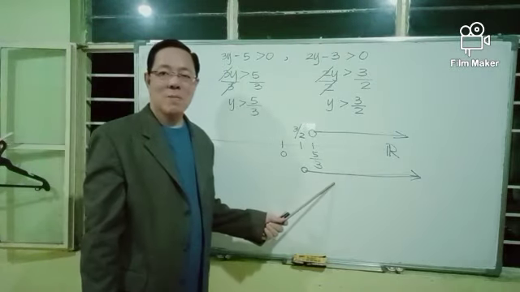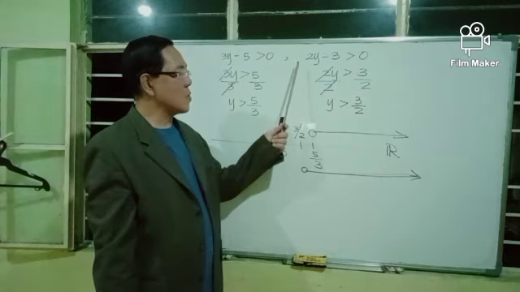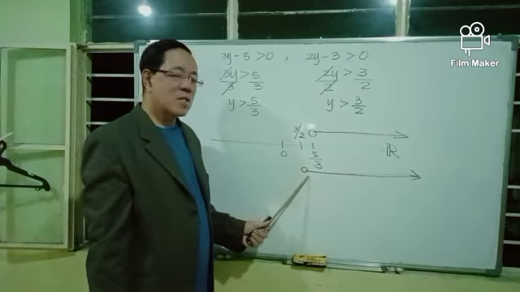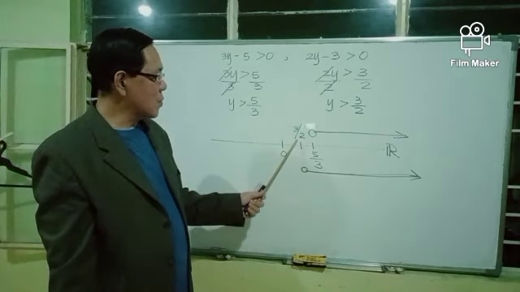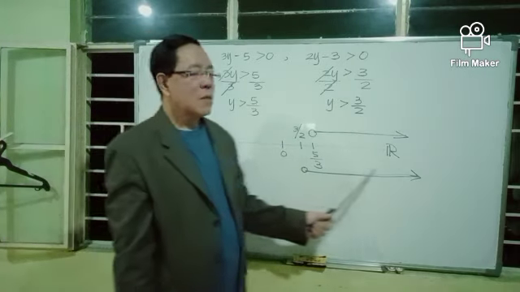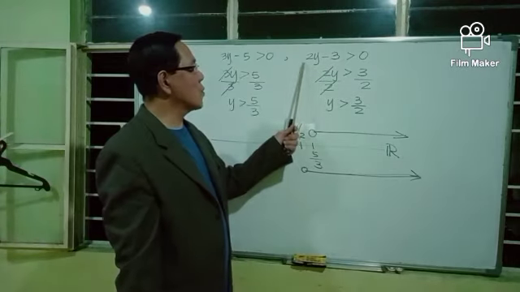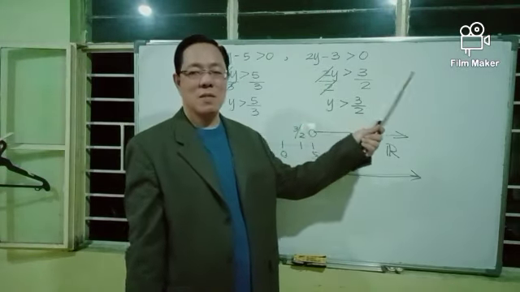This is the diagrammatic representation of the solutions of 2y minus 3 greater than 0. All the real numbers greater than 3 over 2 are solutions of 2y minus 3 greater than 0.